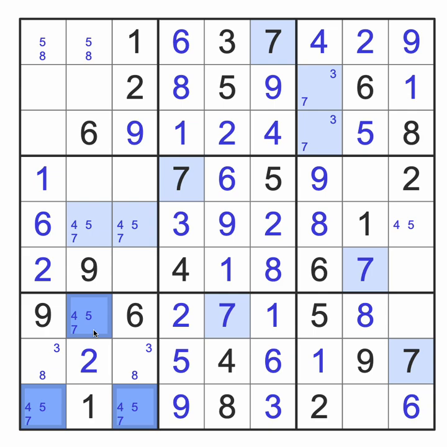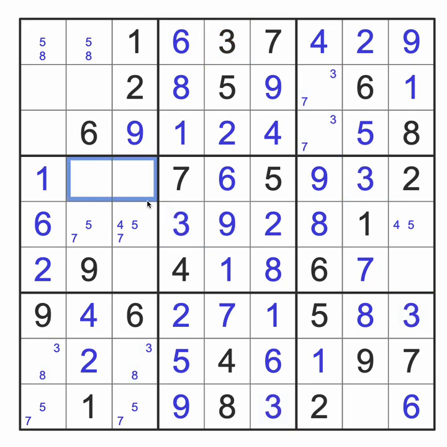This cell is blocked by 5 and 7, so this is 4, and that makes this cell 3, which blocks these two cells, gives me 3 here. 3 and 3 block these cells, gives me 3 here. That gives me 8 and 3.